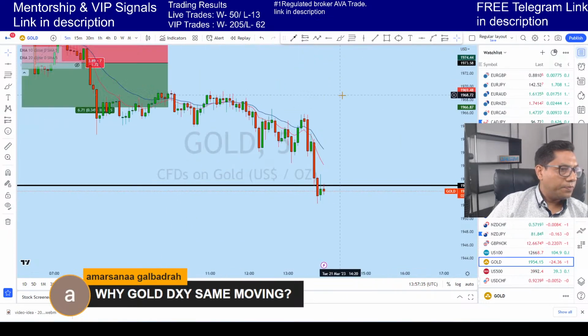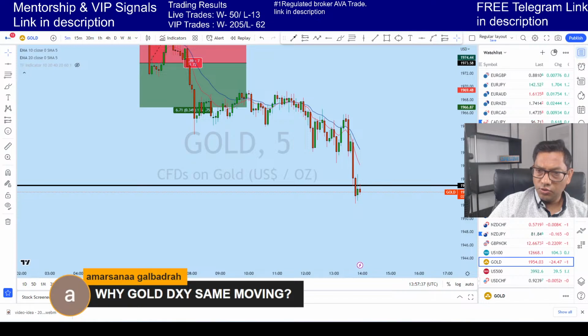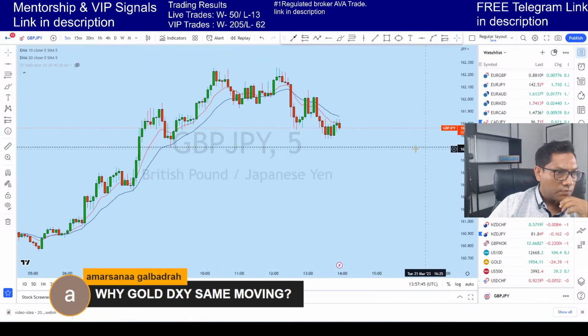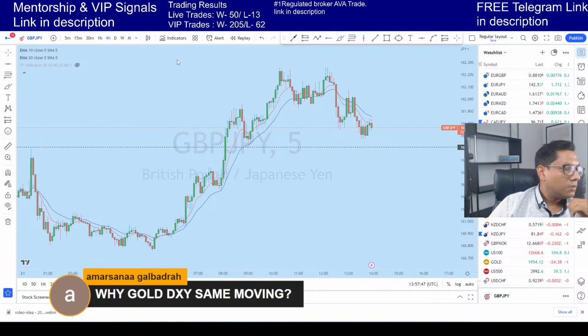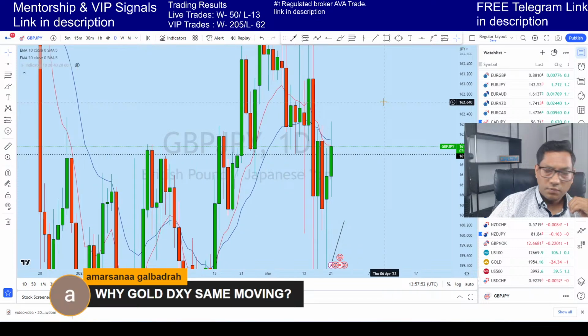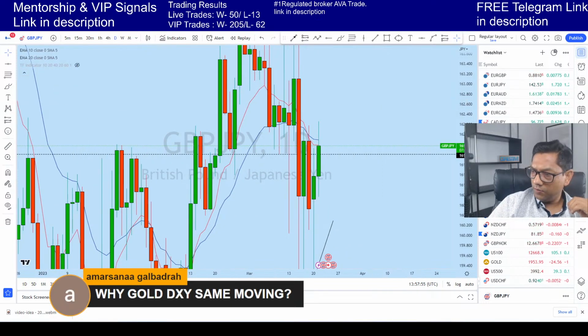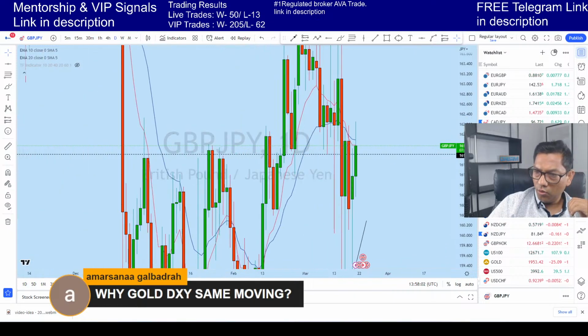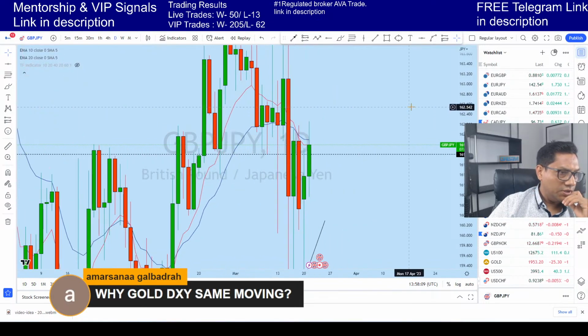Okay, let me see how it is doing. Now from the daily perspective, we can see that GBPJPY as well has reached this resistance level. We might see a drop on this one also, on GJ.